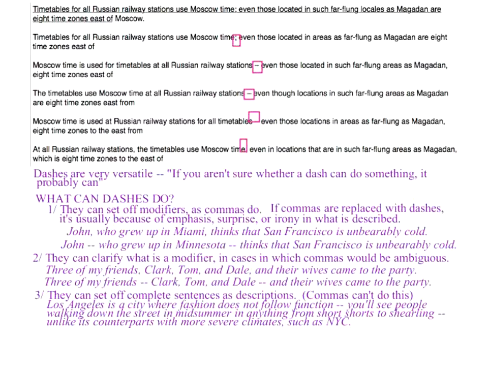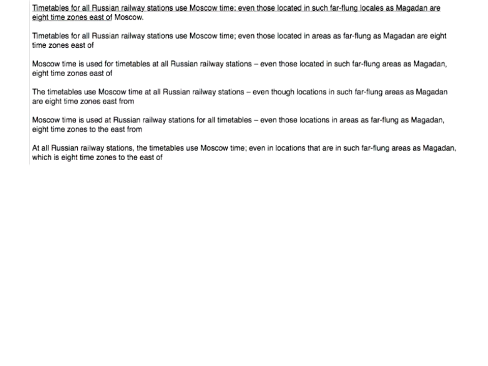So now let's talk about these examples. Let's take this over to another page because we don't really have any room. First of all, let's make sure we understand what is going on in the sentence. The first thing should always be meaning. So the meaning of the sentence is that all of the Russian railway stations, the time at all of the stations, is in the Moscow time zone.